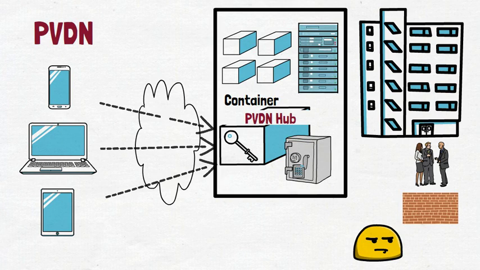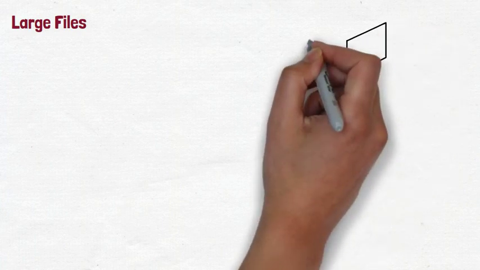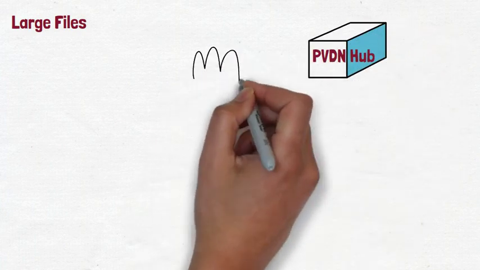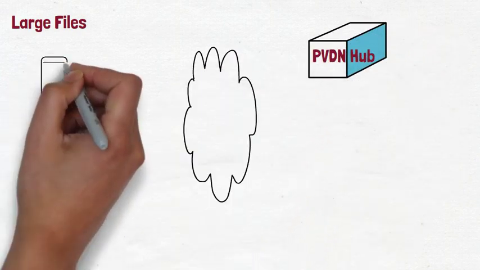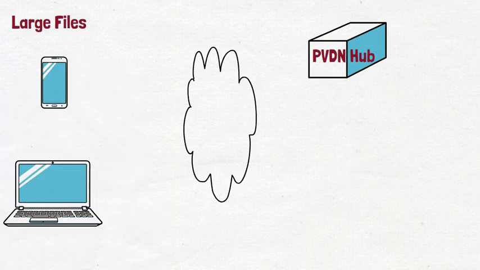But what about large files like documents, photos, videos, etc.? Can the PVDN Hub store large-scale data files? The answer is no, the PVDN Hub can't, but the PVDN can. The PVDN Hub is designed to handle the small data like calendar entries and contacts, but it does manage the storage of files.